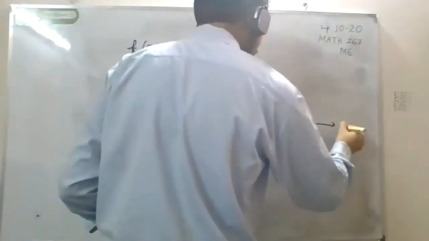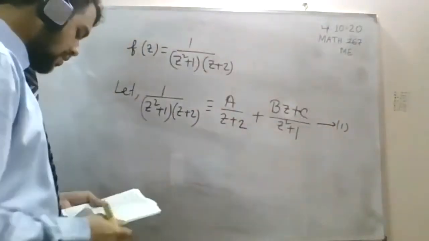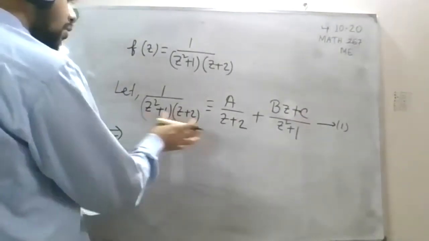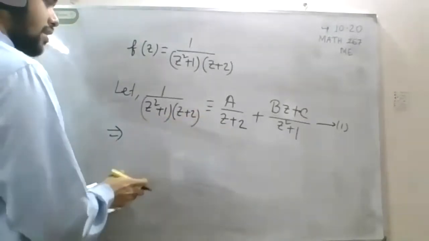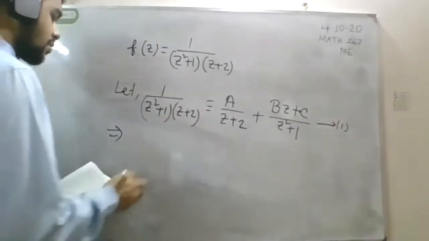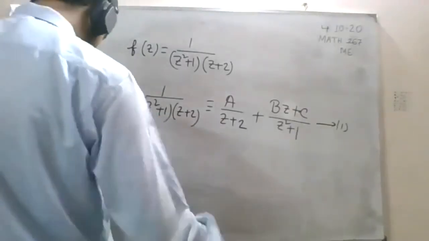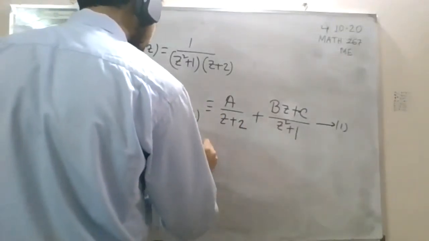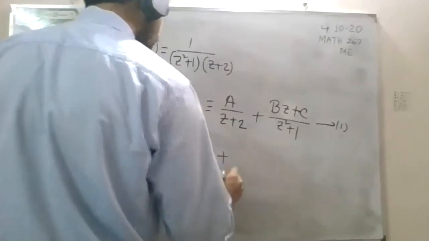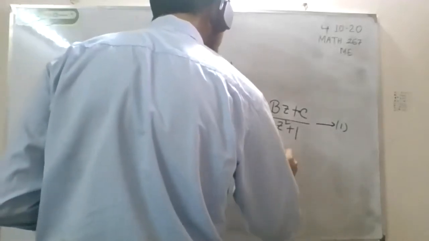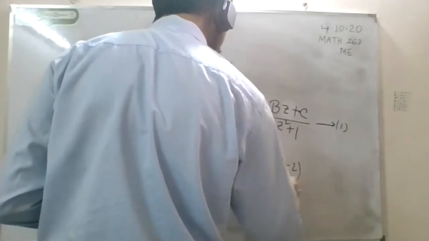Now you have to solve this equation by your common rule. You have to multiply this equation by (z square plus 1) into (z plus 2). So you can get 1 equals a(z square plus 1) plus (bz plus c)(z plus 2).